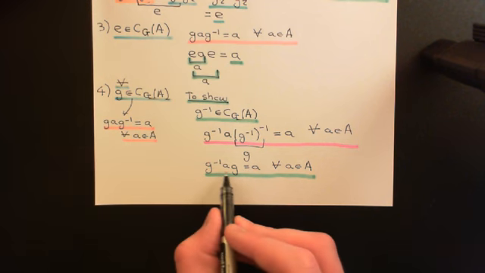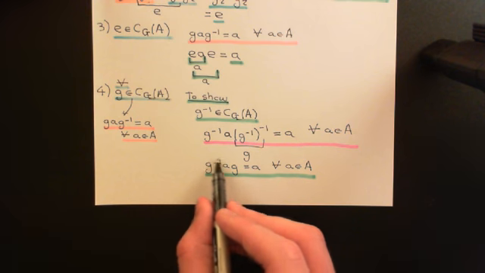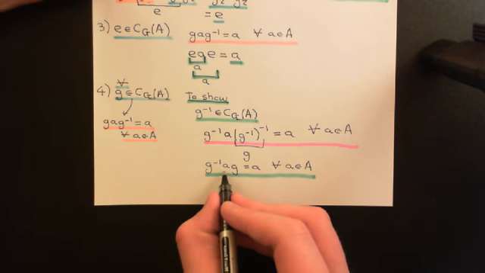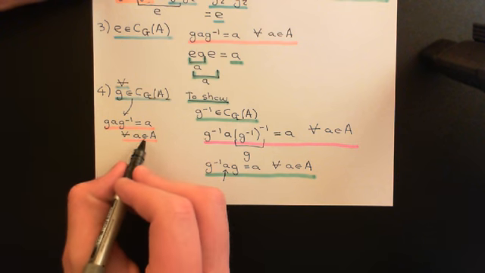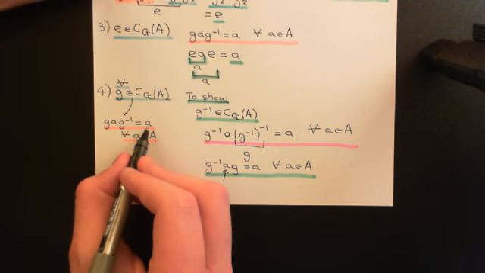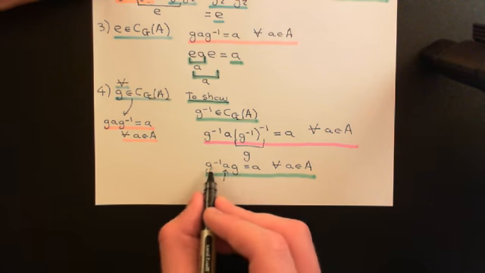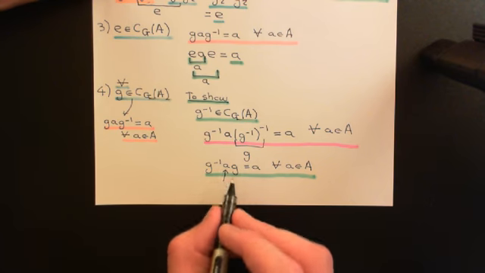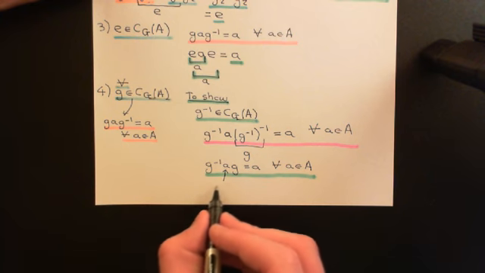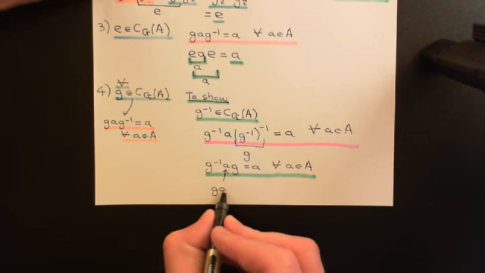And when we're considering what is little a conjugated by G inverse here, what we can do is stick in, for little a here, G A G inverse. So what we're going to do is read this equation backwards, basically. If little g conjugates any element of the subset capital A to give little a back again, then surely when I'm trying to conjugate little a by G inverse, I can just insert in place of little a here, G A G inverse.